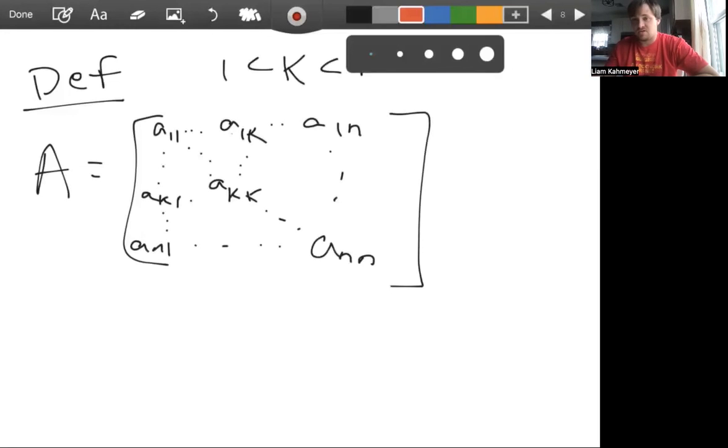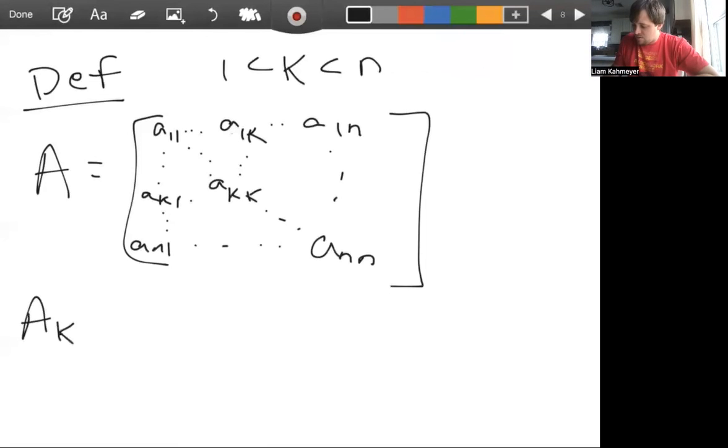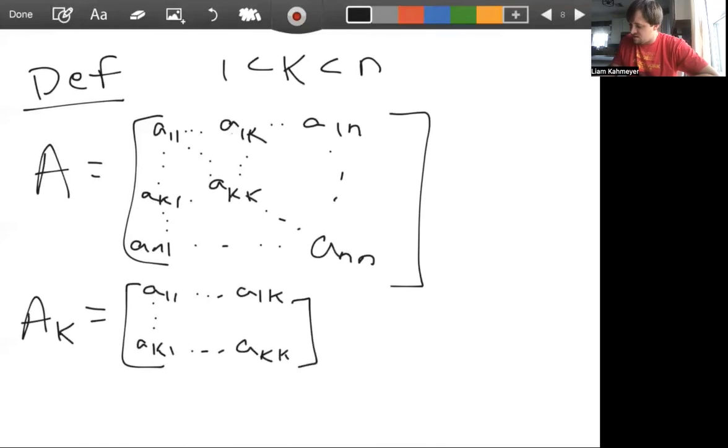We define a submatrix for some K. We say AK, which is equal to A11 through A1K, AK1, blah, blah, blah, AKK. We say this is the K submatrix of A.